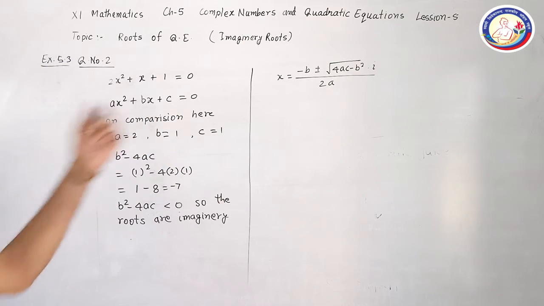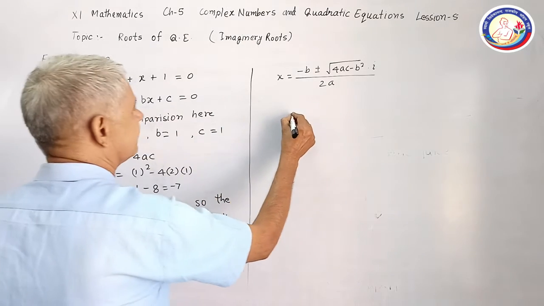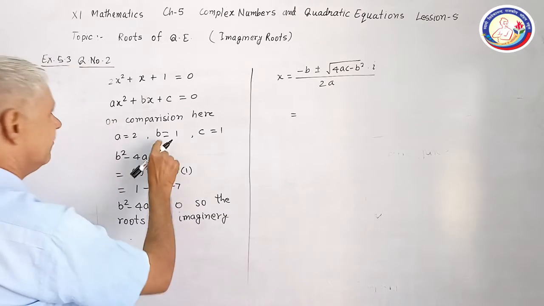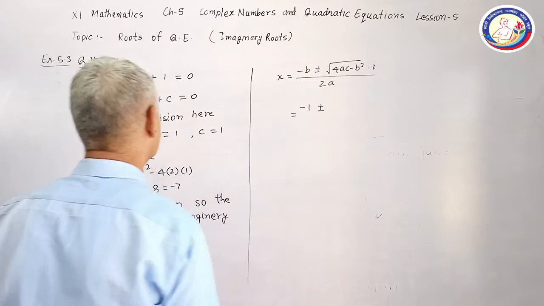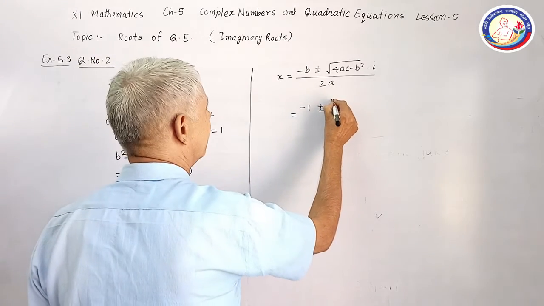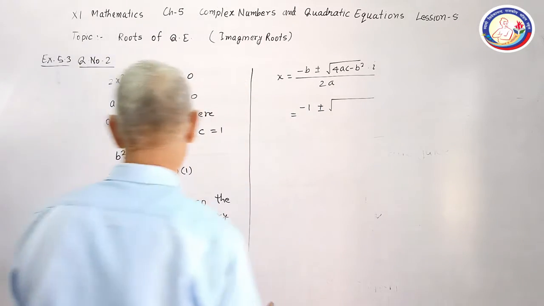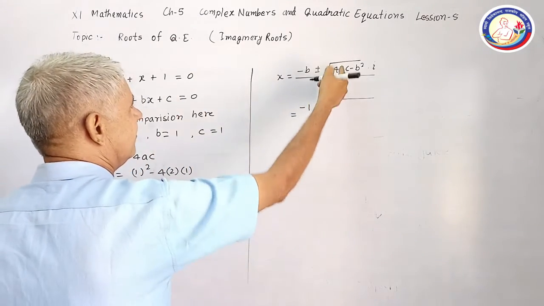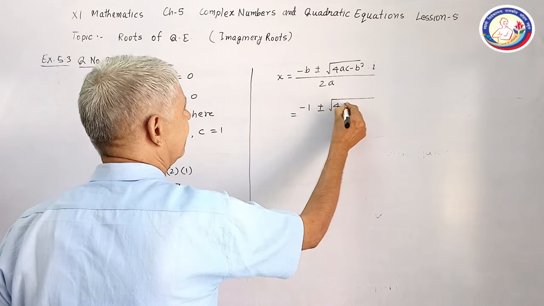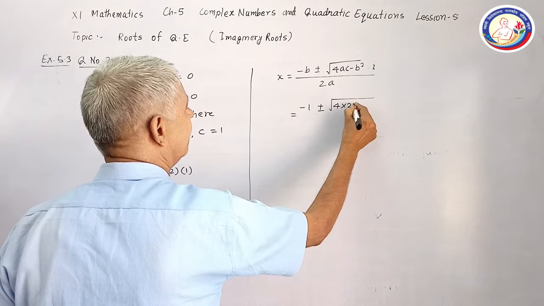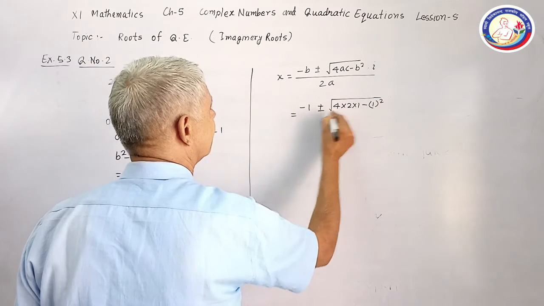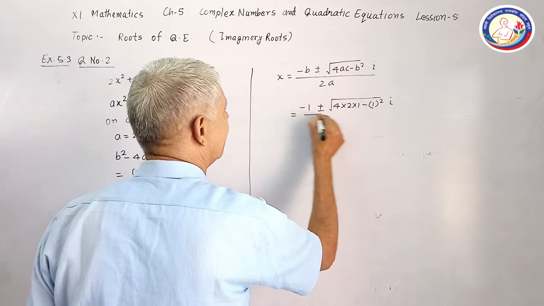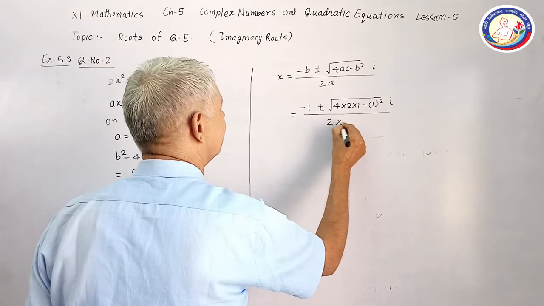Now put here the values. Here b is 1, so minus 1, plus minus square root of 4ac minus b square, we already calculated it. It is minus 7, but we write here again 4 into 2 into 1 minus square of 1, iota divided by 2 into 2.